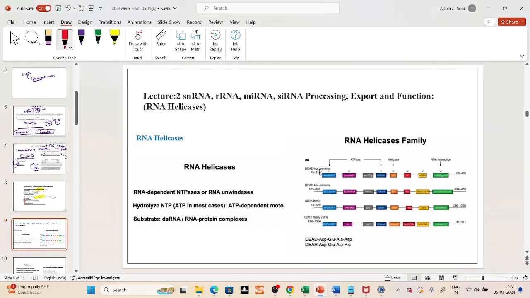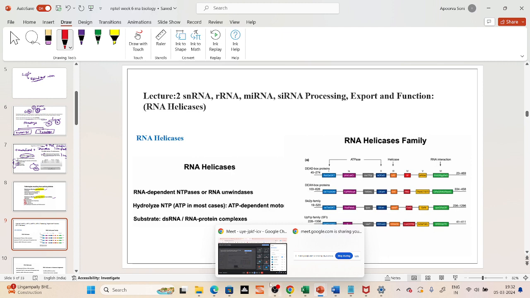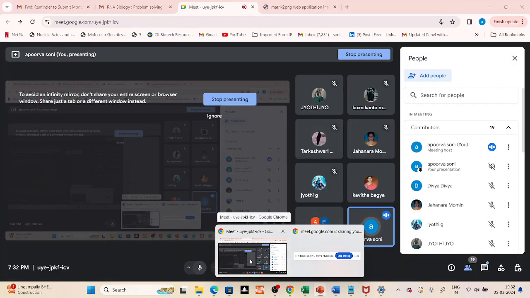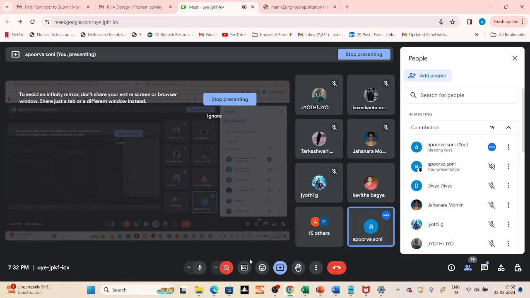Okay. So now we come to the next lecture, which is RNA helicase. So helicase in general, can you tell me what is the function of helicase in general? In replication also we have studied about it. Yes. Unwinding. Unwinding helicase, double strands into single strands. Yes.